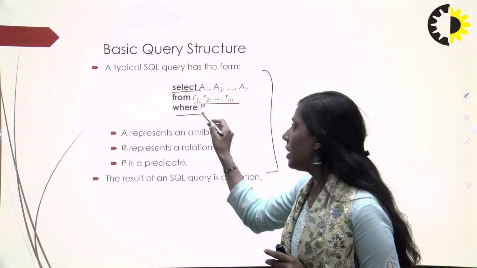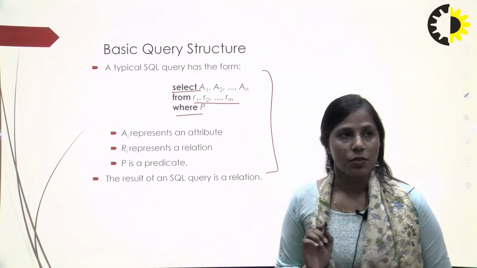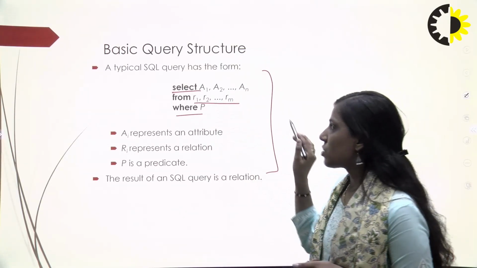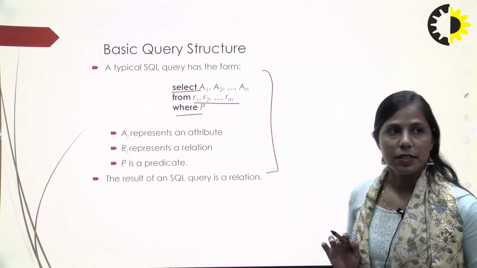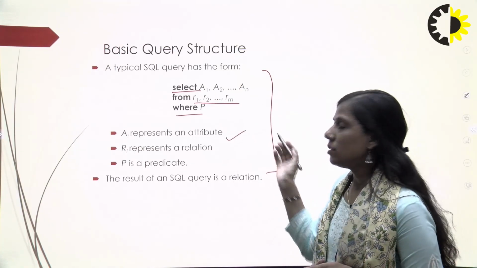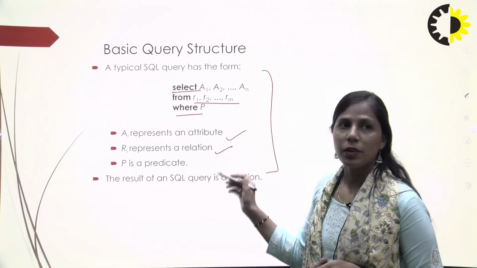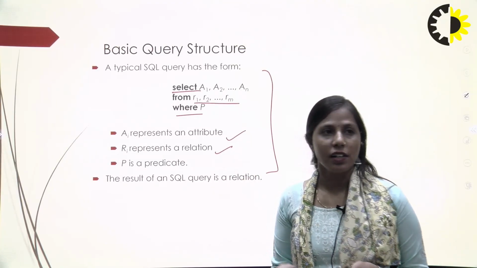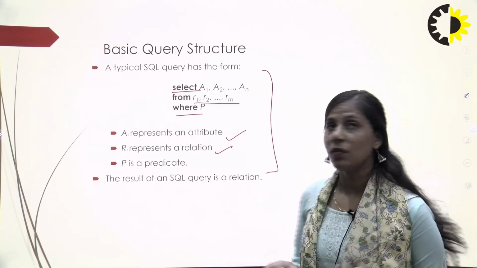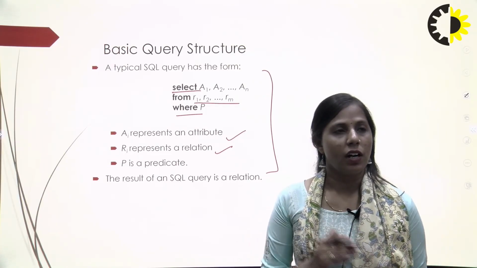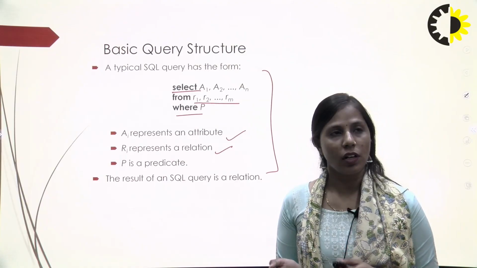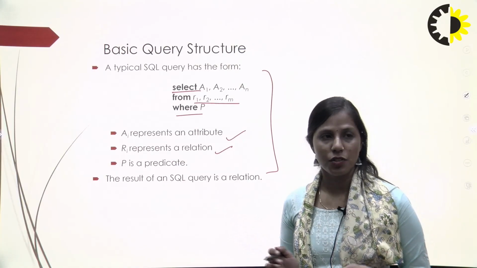So here we are using the condition part also. This is the basic structure. Ai represents an attribute, R represents a relation, P is a predicate where we give any condition. Like in the previous example, we took the salary. So it should be less than 50,000, or greater than 50,000. We can give any condition in this.